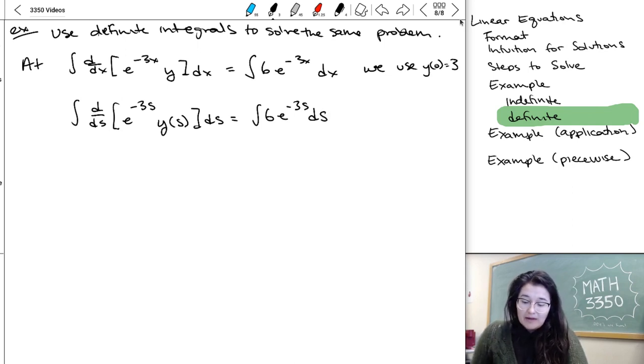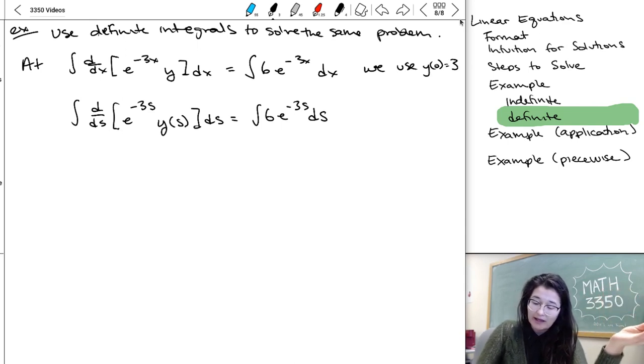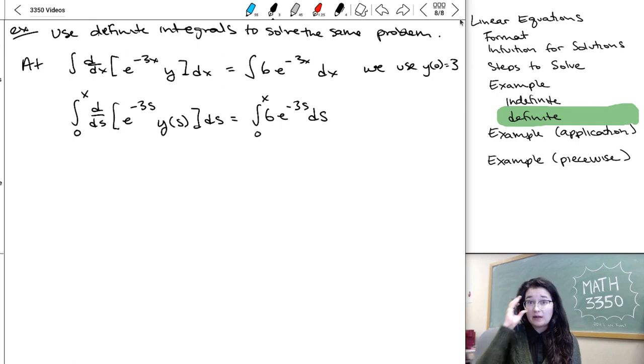And then to use the definite integral approach, I put my initial conditions on the bottom and the variable I want to go to on top. And I'm using all of these in terms of x. So I only need to plug in that I start from 0 and I go to x. And I start from 0 and I go to x. And then the y value is going to come up in the next step.